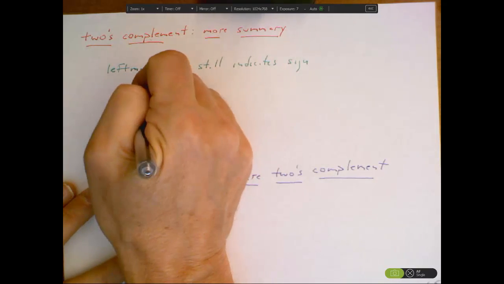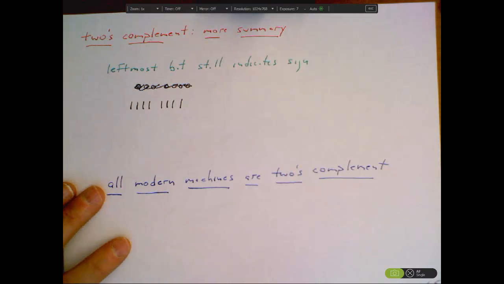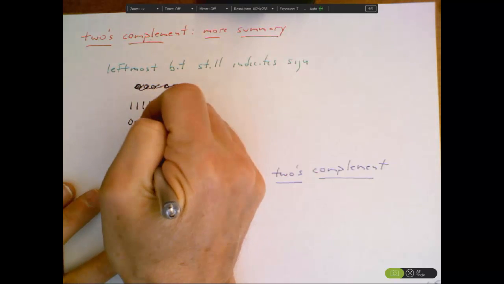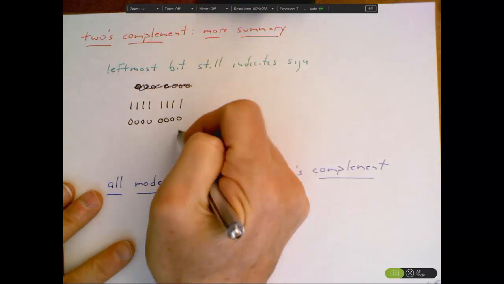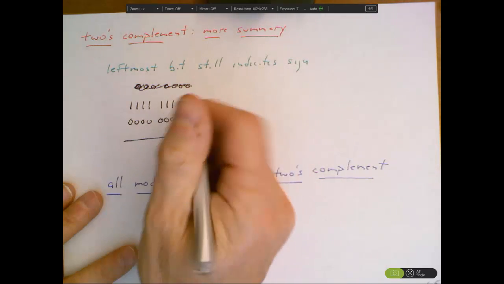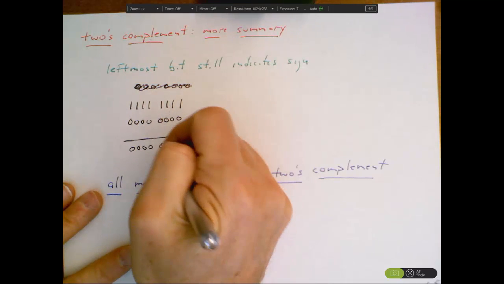Let's try. What if we look at an 8-bit value, but the magnitude is all ones bits? And again, I flip all those bits. I end up with 1.